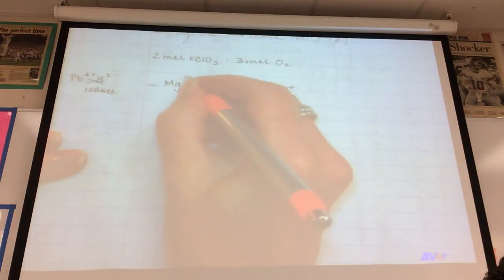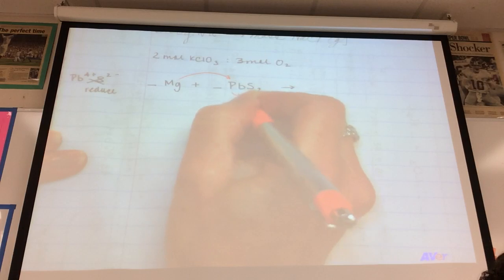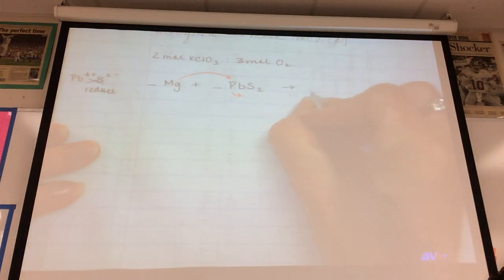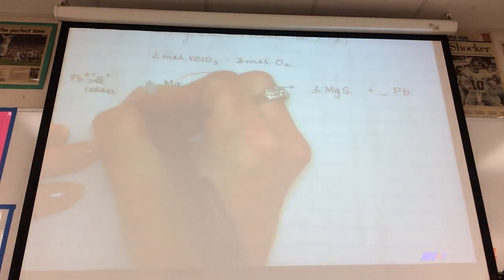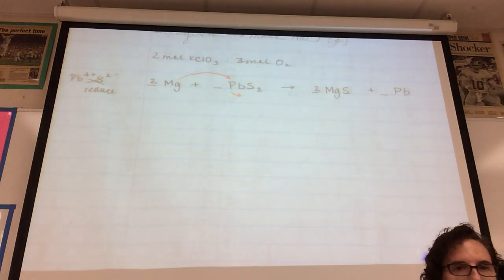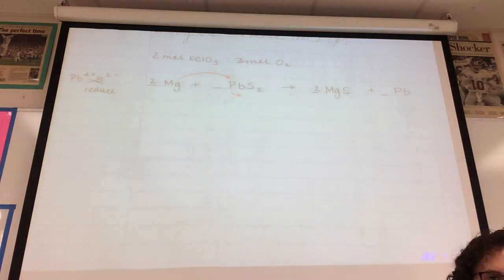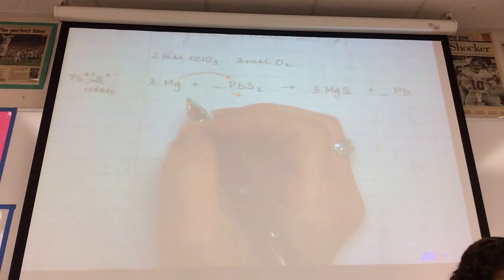You are assessed on this concept already. You are predicting products of this single replacement reaction. You've got magnesium sulfide and lead. And you are balanced. So there's nothing new there. You've already demonstrated mastery on this concept on the previous test.